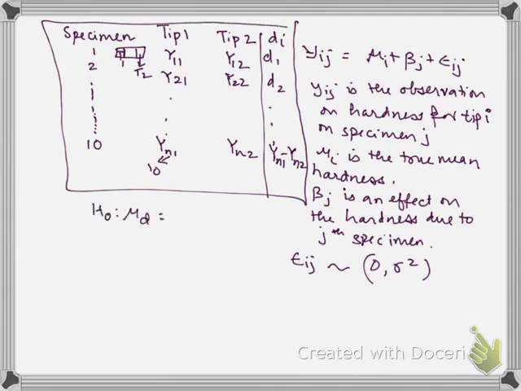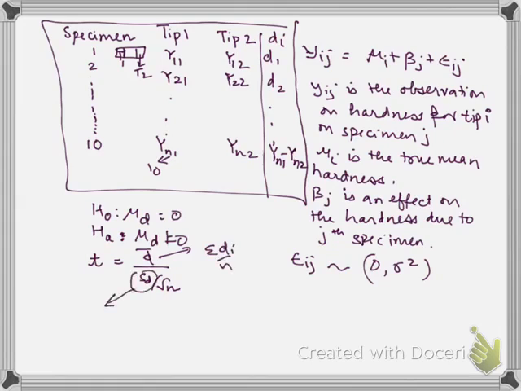You're testing mu d equal to 0 versus mu d not equal to 0. The test statistic is d bar divided by sd over square root of n, where d bar is the mean, sum di over n, and sd is the standard deviation, the square root of sum di minus d bar whole square divided by n minus 1.